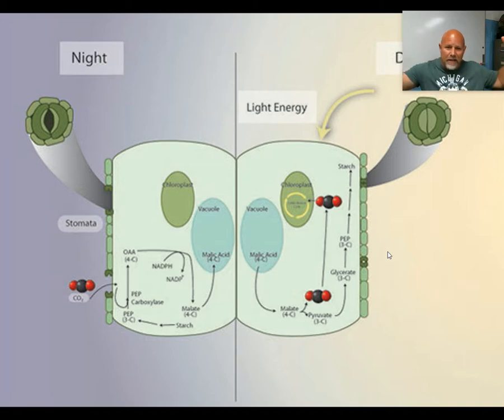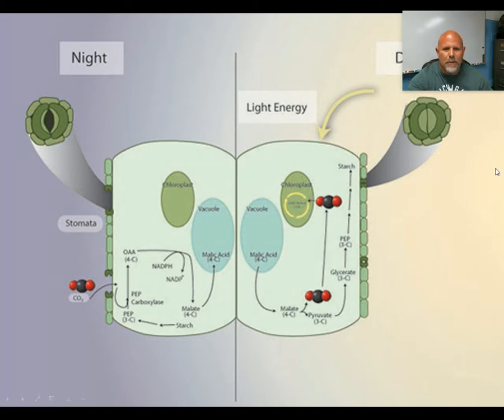So hot air expands. As that air condenses and gets smaller, it gets more humid. And so the desert conditions at night might be 70 or 80% humidity versus daytime might be 10 or 20% humidity. So by opening their stomata at night, they don't lose nearly as much water to the environment.